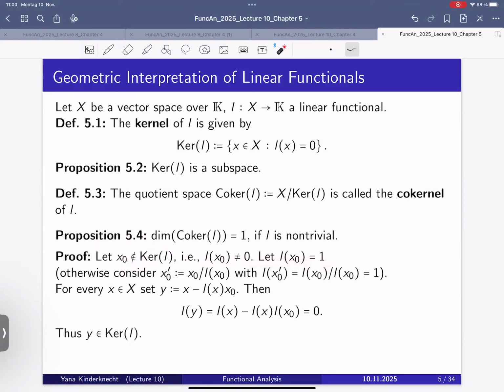Otherwise, we may consider another point, just a kind of normalization, and at this other point, L is just 1 due to linearity of L. Okay, so we consider a point such that the following holds.